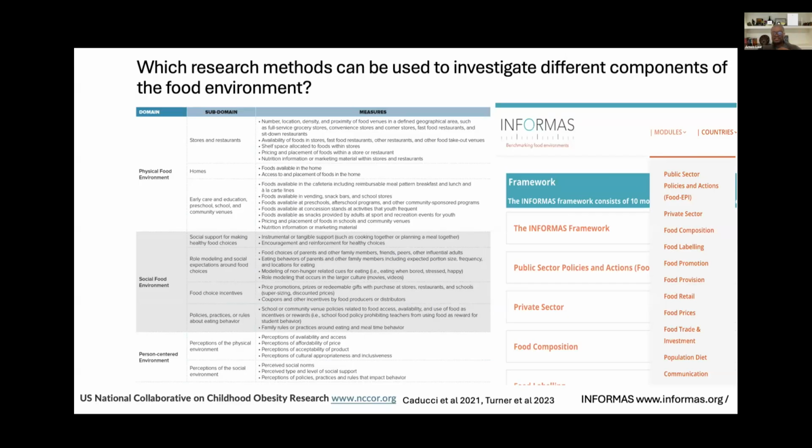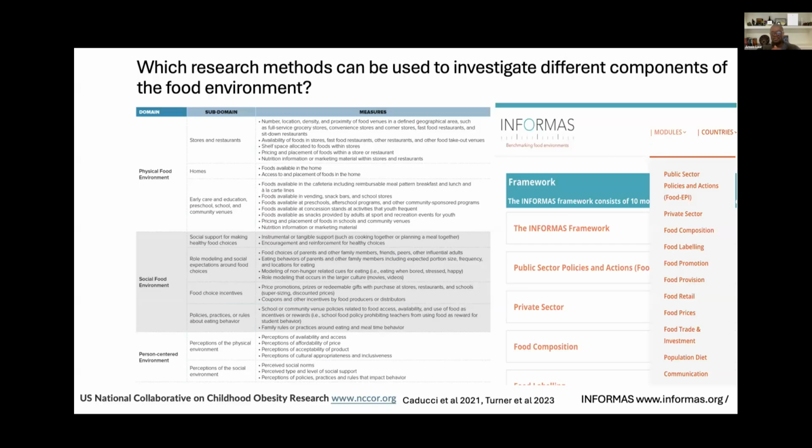And then in 2023, Christina, Michelle, and I contributed to this work where we looked at contemporary food environment research methods that make use of photography approaches or participatory photography approaches. So that's another resource.